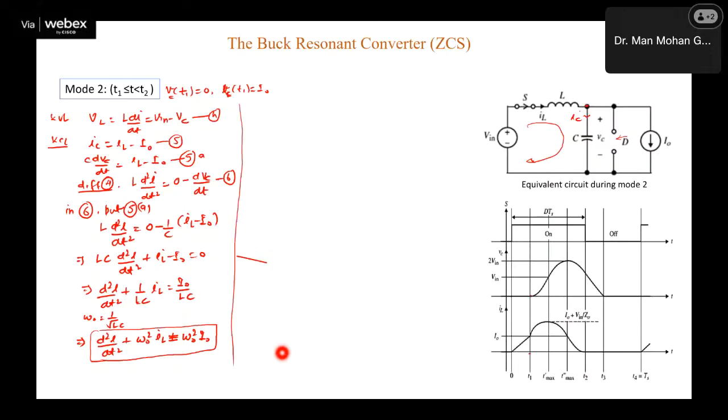So its solution can be given as IL(t) equal to A1 sine omega naught (t minus t1) plus A2 cos omega naught (t minus t1) plus A3. Okay, so this is its generalized solution of a second order equation.